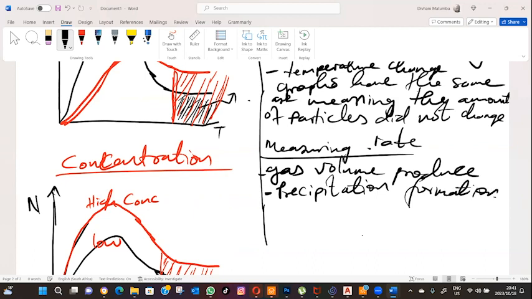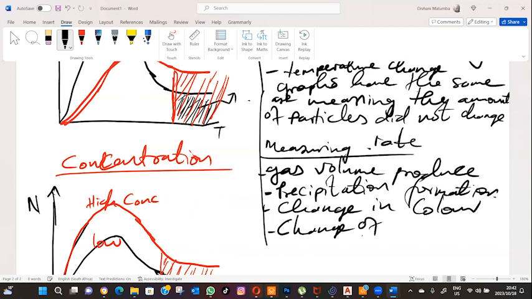We can use the change in color. And lastly, the change in mass.